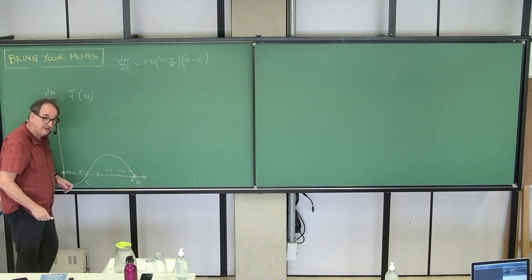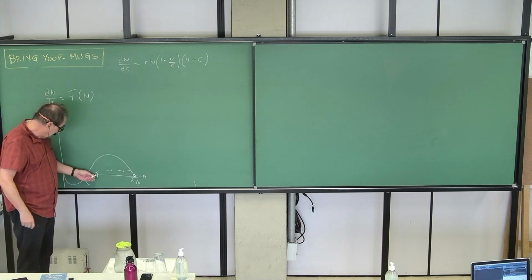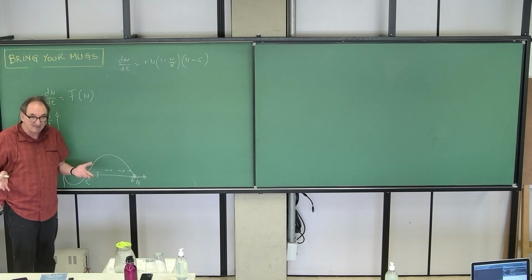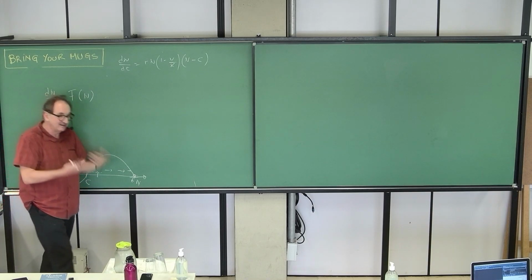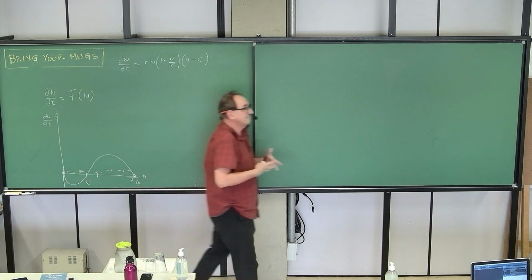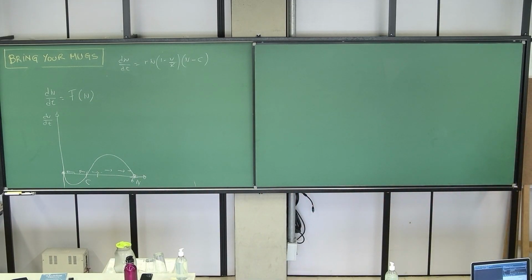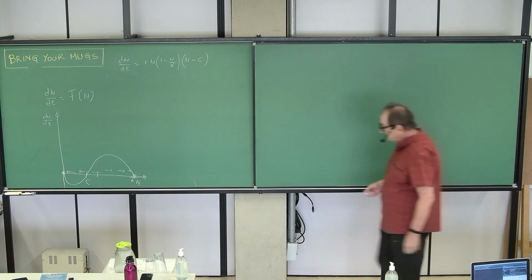You start here, and you are progressing towards the carrying capacity, but something happens, something like a disaster, which could be thought of as a random perturbation, but not an infinitesimal one. It's not a small perturbation, it's a big perturbation. And then this can make you jump here.